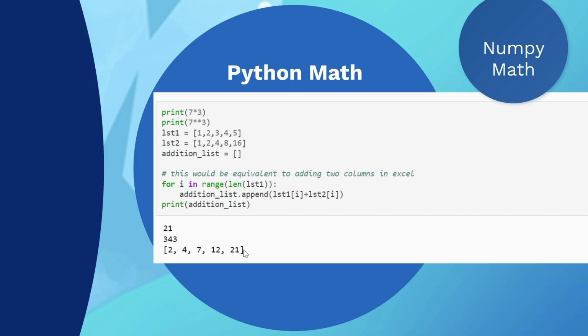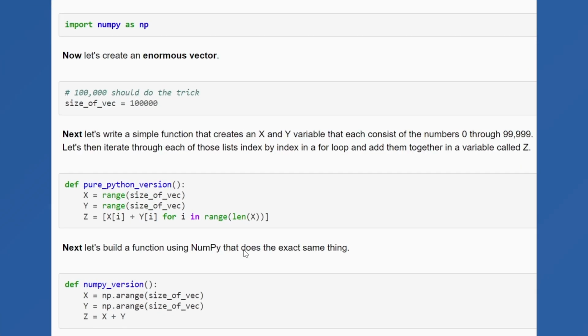Now whenever we go for NumPy maths, we can do the same thing using NumPy. For example, here you can see the pure Python version, and the second one is the NumPy version, wherein we import NumPy as np, use np, and then add the two lists. Now let us see what difference the NumPy library makes.